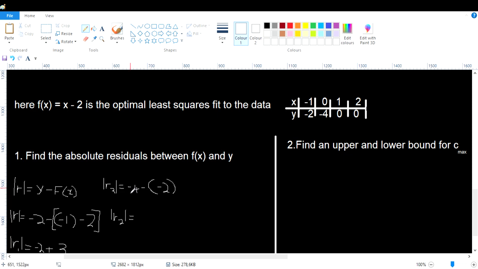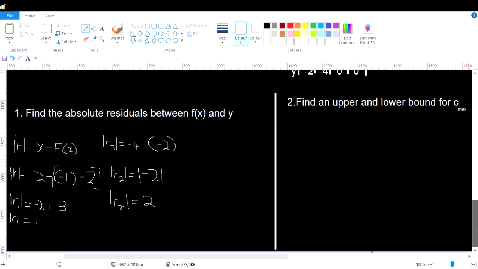So minus 4 plus 2, answer is equal to minus 2. Remember, we want absolute r. Therefore the answer is equal to 2.